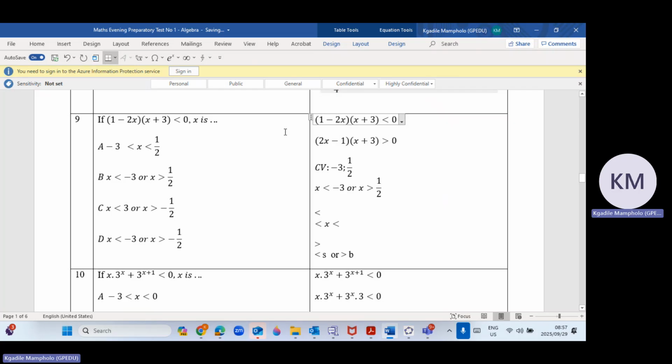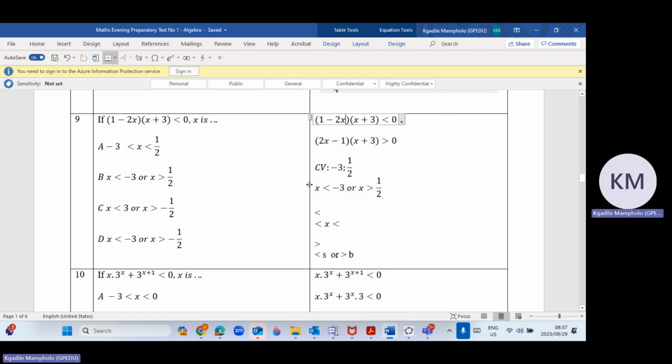But remember, if you divide by negative, the inequality sign will change from less than to greater than. So like I told you, if it's greater than, then x is less than the small number or greater than the bigger number. The small number in this case is -3, the bigger number is half. Then you say x is less than -3 or x is greater than half, because the inequality sign changed from less than to greater than.